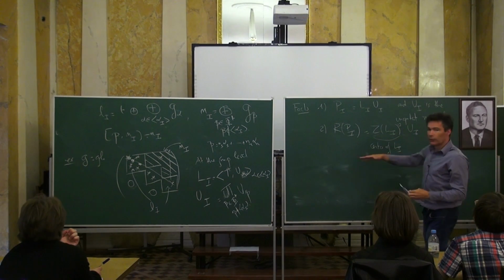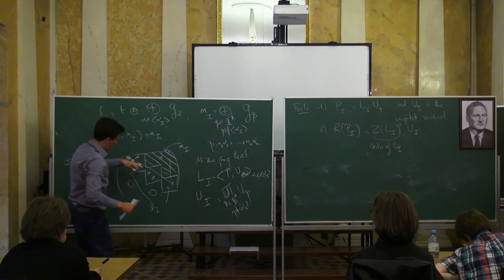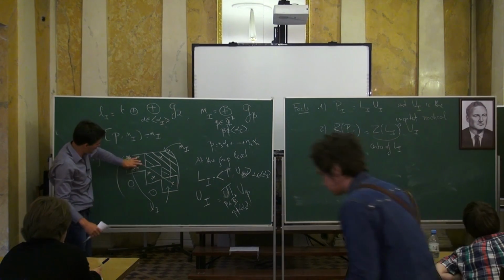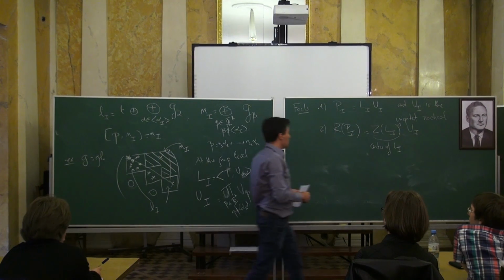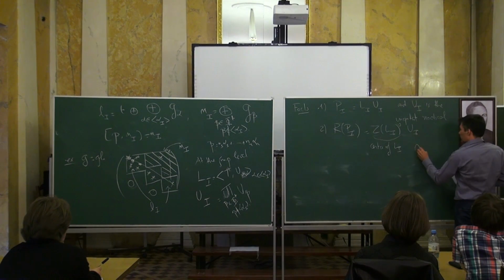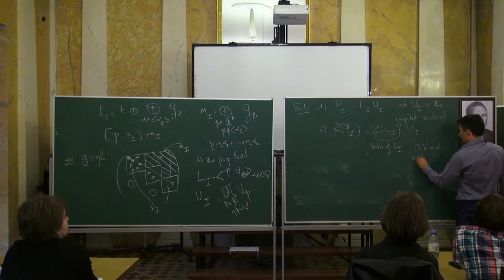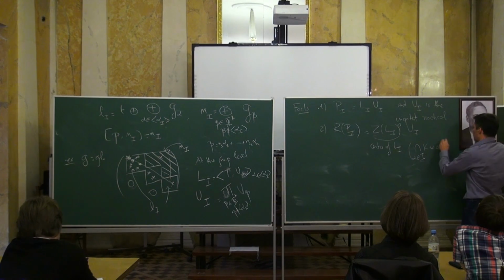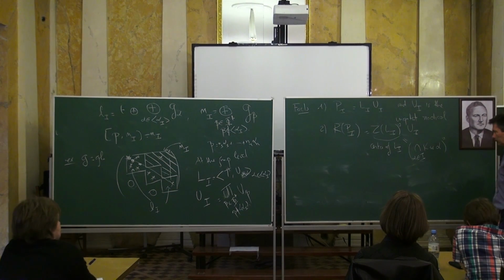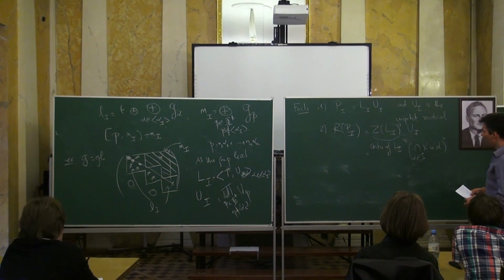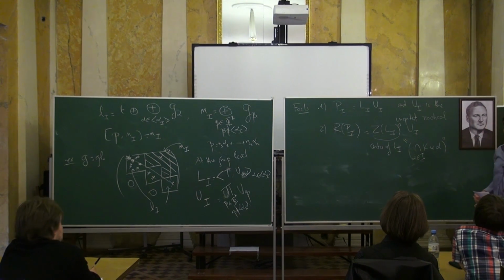And the center is contained in the torus. So you see, in this case, what would be the center? It would be the space of matrices which are homotheties on each block. So you can describe it as the intersection of the kernel of the roots in I, and take the connected component. Okay, so this is the radical, and this means that when you quotient out by the radical, you get a semi-simple group.